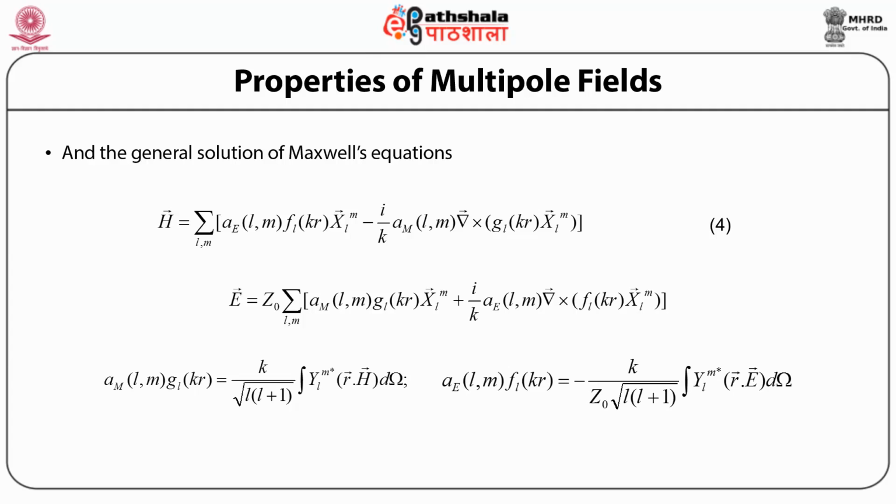And a_M(L,M) g_L(kr) is equal to k divided by the square root of L into L plus 1 into integral of Y_LM star (r vector) H vector d omega, and a_E(L,M) f_L(kr) is equal to minus k divided by Z0 into the square root of L into L plus 1 into integral of Y_LM star (r vector) E vector d omega.